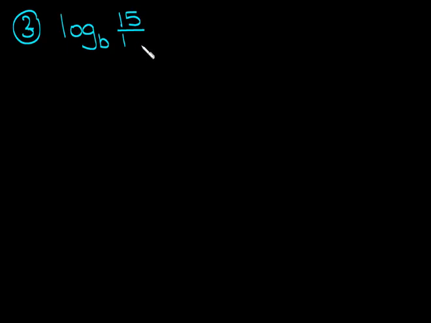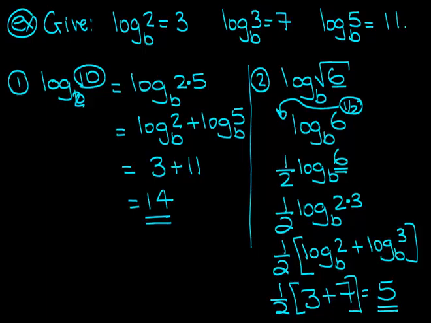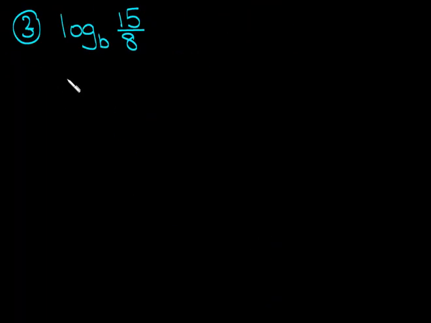Actually, let's make it not 15. Let's do 8. Let's do 15 divided by 8. Okay. Once again, I'm taking log of this. The only three logs I know are 2, 3, and 5. Okay. So let's rewrite this using that.